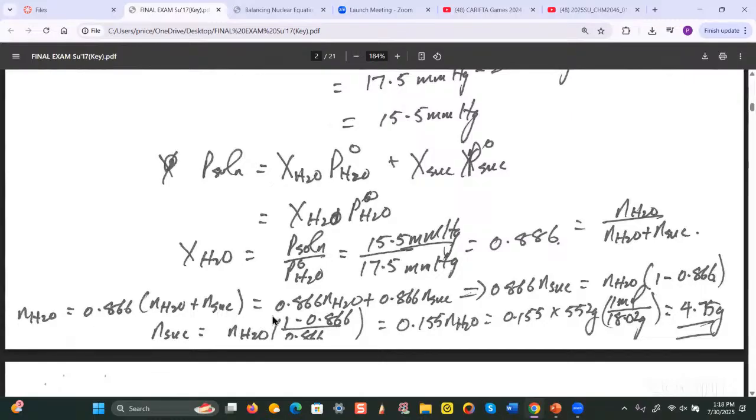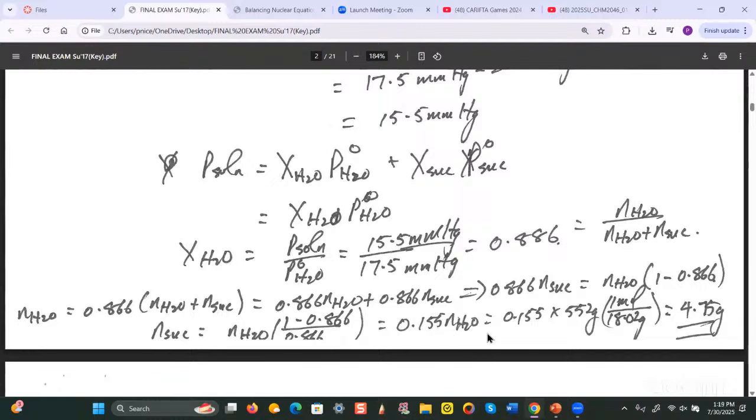And then I distribute the 0.866 across what's present within the parentheses here. I end up with this, and then I rearrange this to solve for the number of moles by subtracting the number of moles of water term here from both sides, and I end up with this equation right here. And then I rearrange this to get the number of moles of sucrose, and then I get that relationship here.